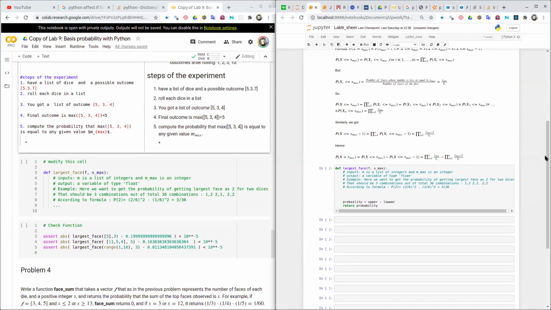Oh yeah, never mind, I see what you are asking for. Yes, you have to check it before computing the probability. Because if 5 is not in a dice, you won't get the right probability.